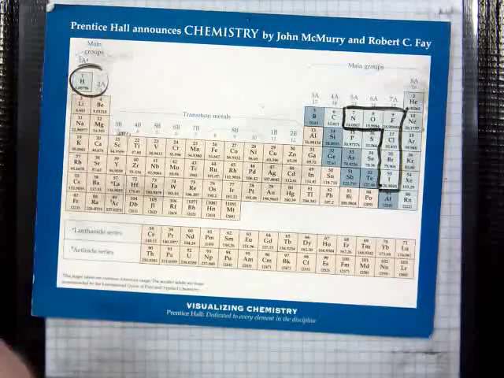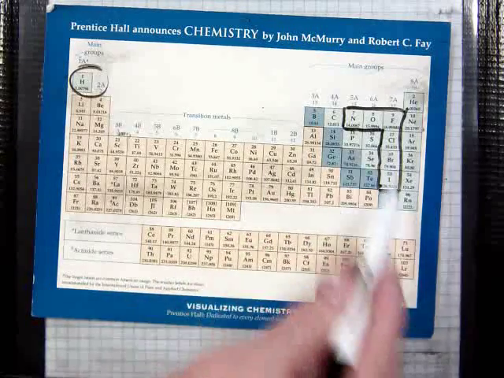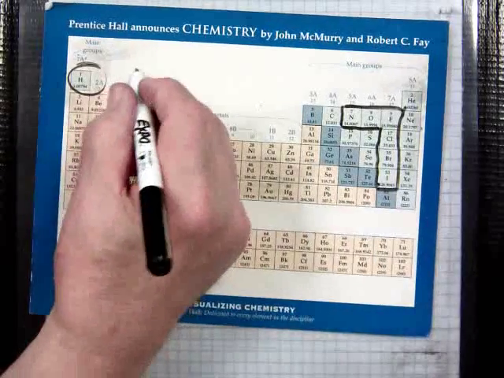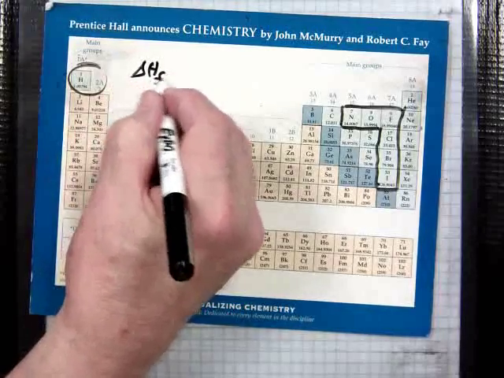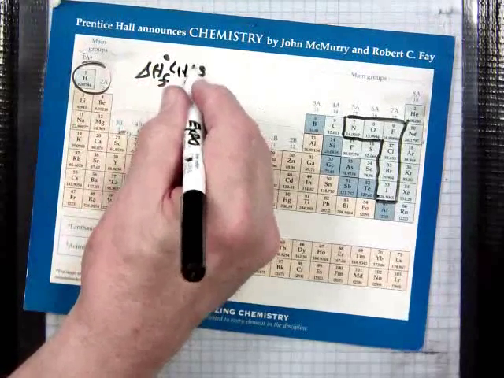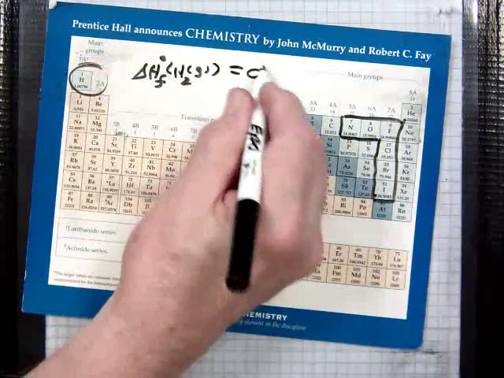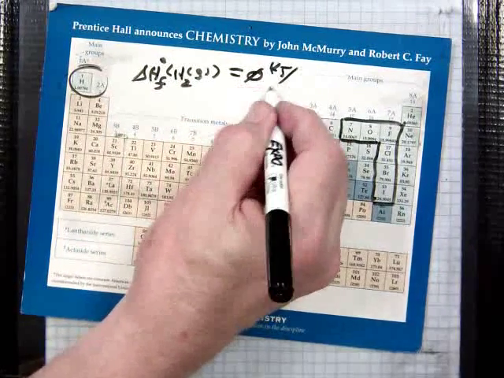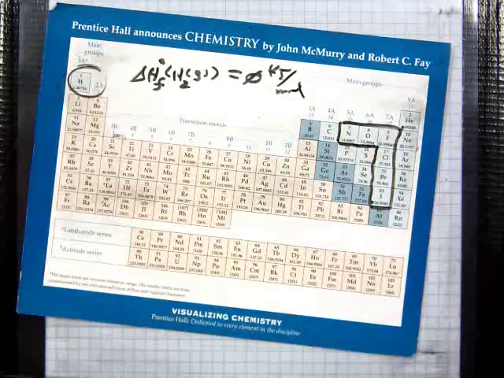And their delta HF values for all of the diatomics, standard heats of formation for, say, H2 gas is equal to 0 kilojoules per mole. And so everything else works from that.